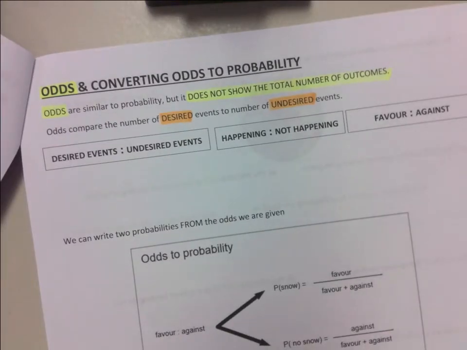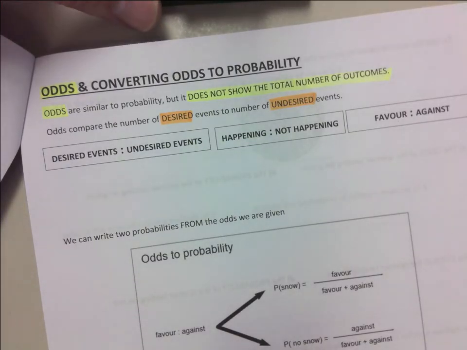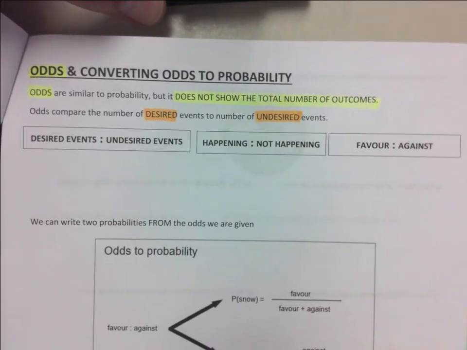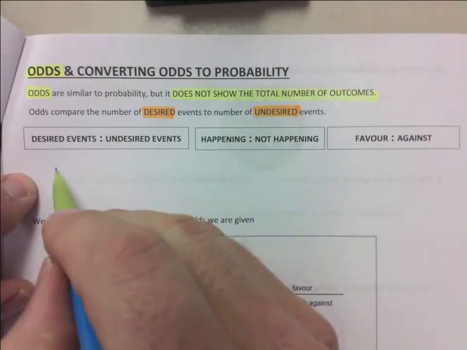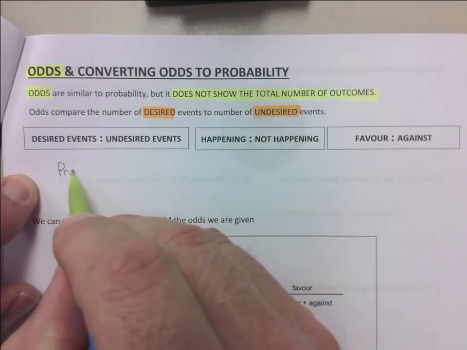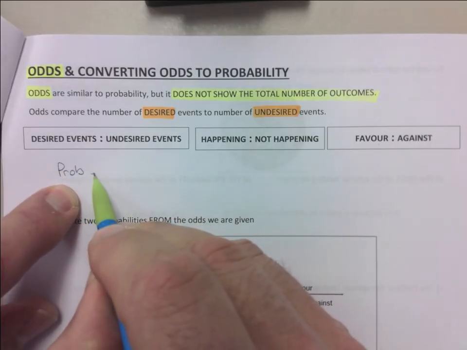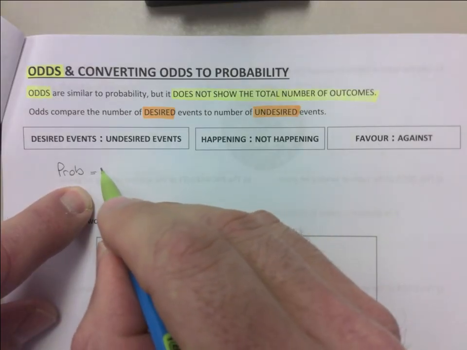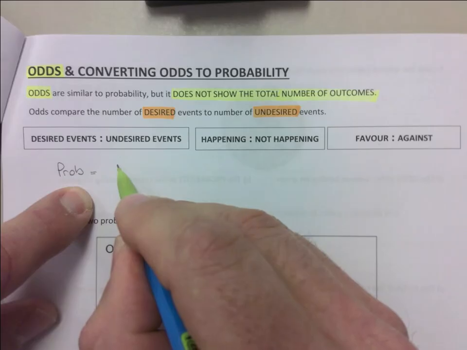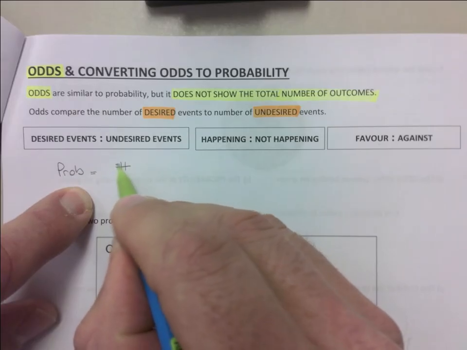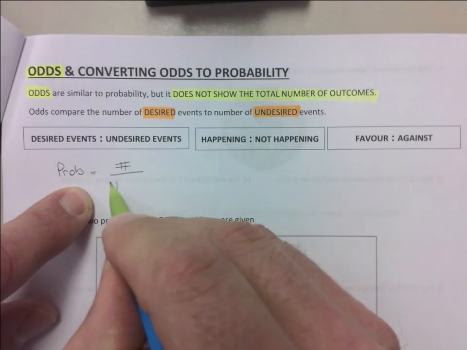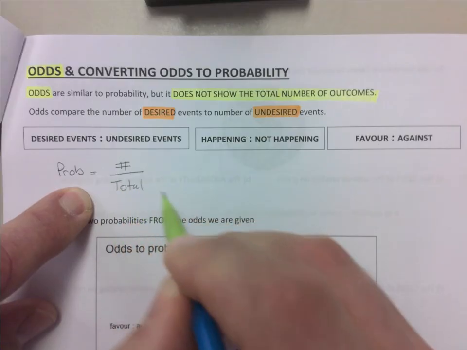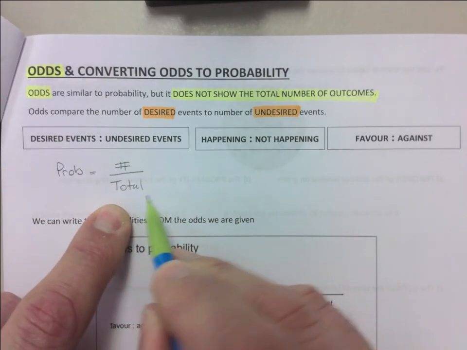On page 16 here, I need to make sure I add one thing. I want you to make sure you understand that probability will usually be a fraction, with a number up top over the total.